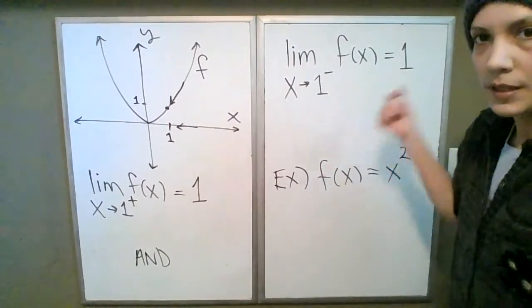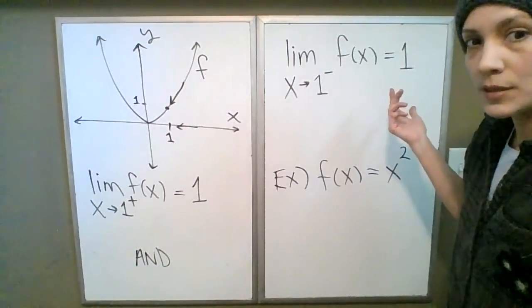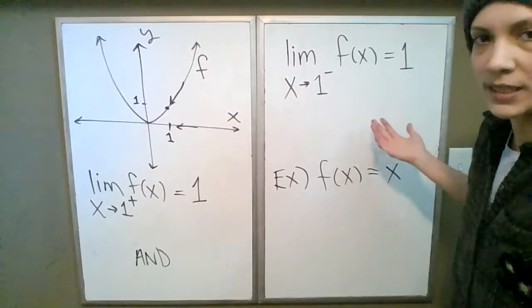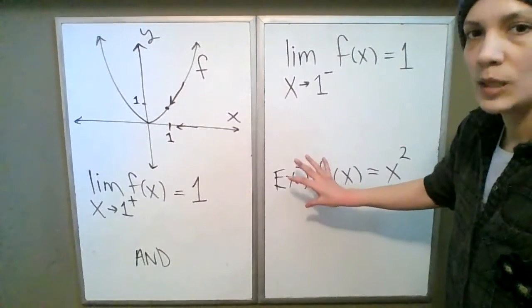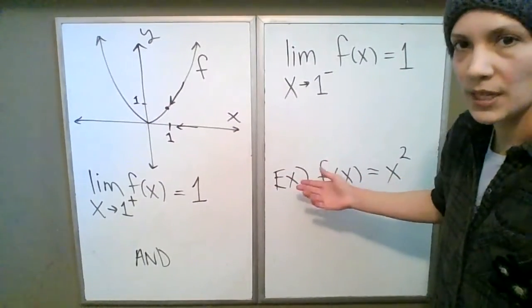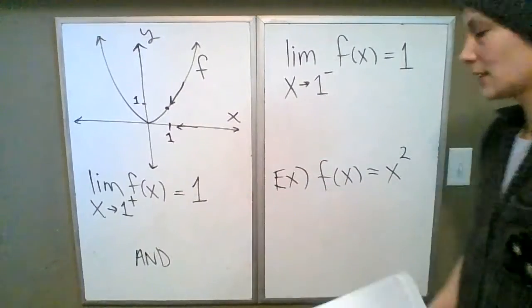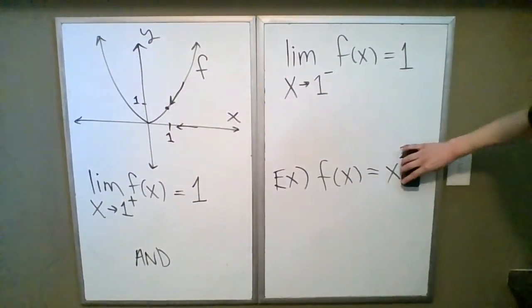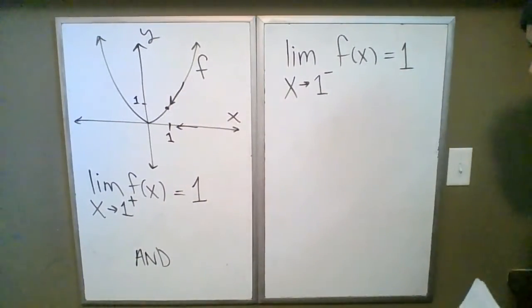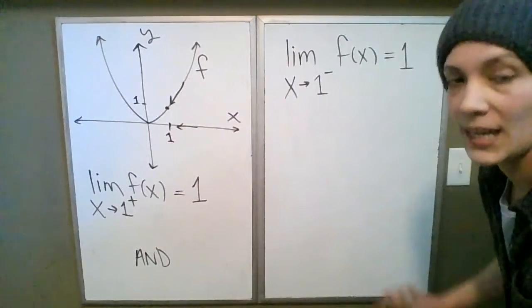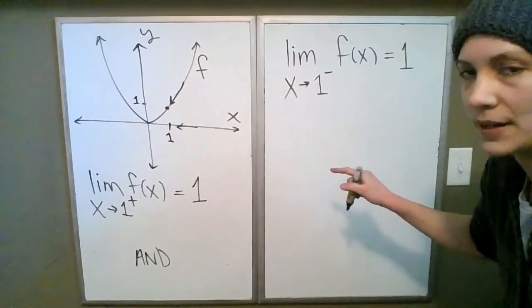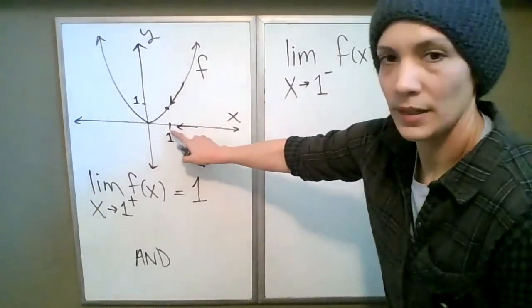Since they're both values that are equal to each other and the number 1 exists, then the limit as x approaches 1 from both sides is 1. So x squared at 1 is just 1. It does exist, right? Yeah, and f does send 1 to 1.